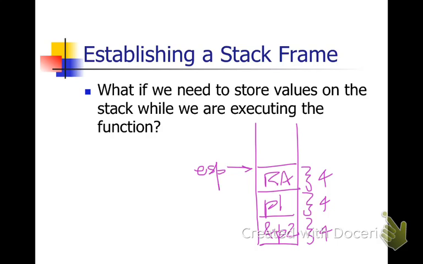What if we need to store additional values at the stack while we're executing the function? Well, the thing is, previously in the code, I got to my parameters by accessing or using ESP.